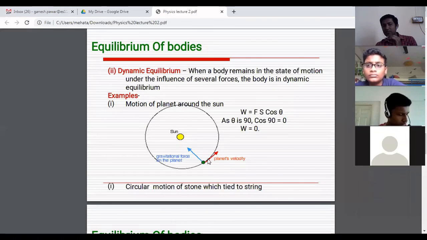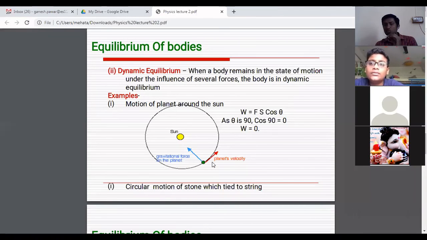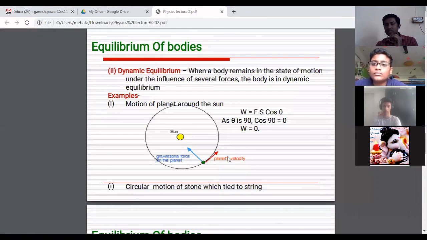This is the displacement of the planet, the red line, and the blue line is for the force. What is the angle between them? 90 degrees. And what is the value of cos 90? Zero.